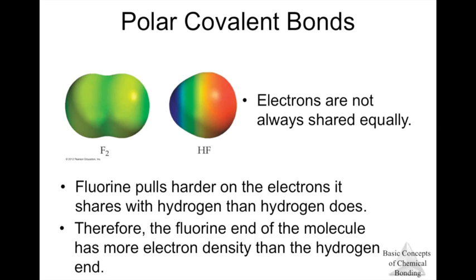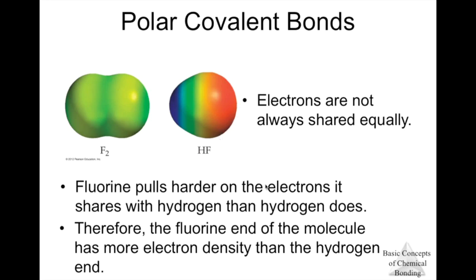The thing with covalent bonds, though, is that they're not always shared equally, right? This color map would represent electrons and where they are. If it's just F2, they are sharing equally. But we've got hydrogen fluoride here, and the fluorine is very electronegative. You guys know this. So you see a lot more electrons are over here.